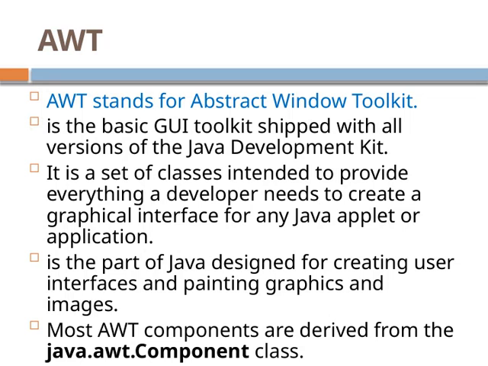AWT, which stands for Abstract Window Toolkit, is the fundamental GUI toolkit that comes with every version of the Java Development Kit. It's essentially a collection of classes designed to give developers everything they need to build graphical interfaces for Java applets or applications. Think of it as Java's way of handling the visual part of your programs, creating windows, buttons, and other user interface components.